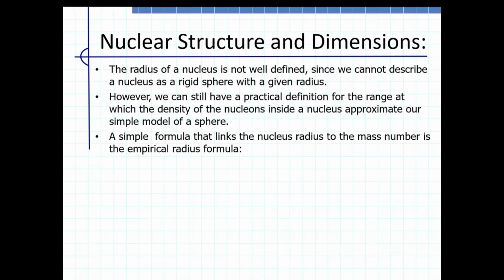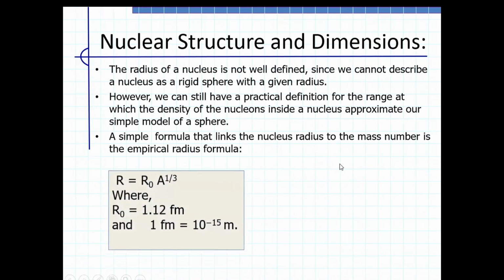For a practical definition, we take the range up to which the density of the nucleons inside the nucleus is present. That approximates our model of a sphere, and we can talk about a simple formula for the nuclear radius.